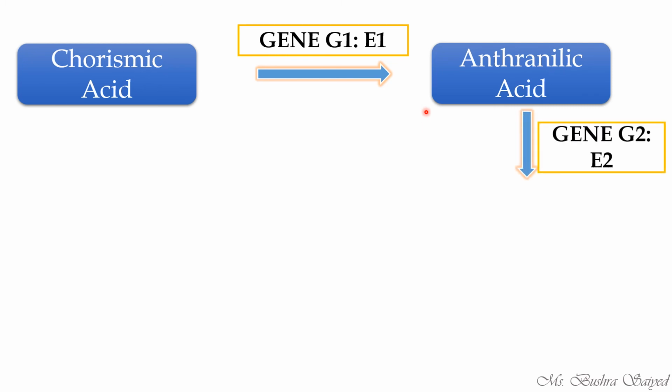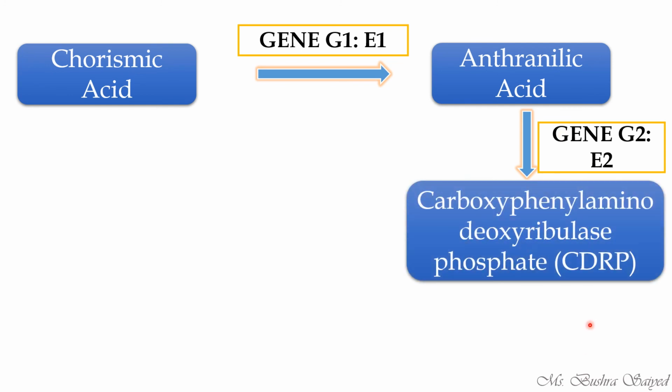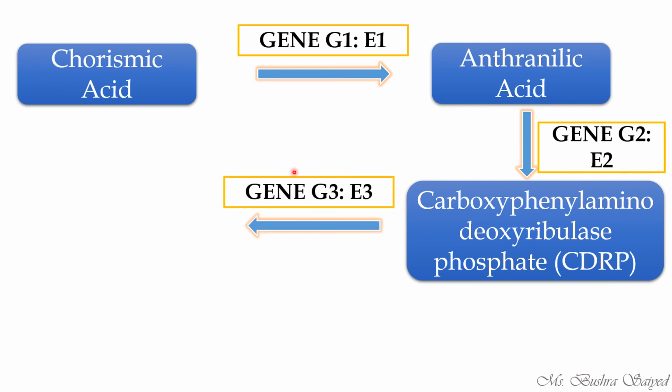Coming to the next step, we have to form tryptophan. The next step involves the other gene. This is gene 1, this is gene 2. It expresses enzyme 2. In the presence of enzyme 2 and substrate anthranilic acid, there will be the formation of CDRP, that is carboxyphenylamino deoxyribulose phosphate. Coming to the next step, gene 3.